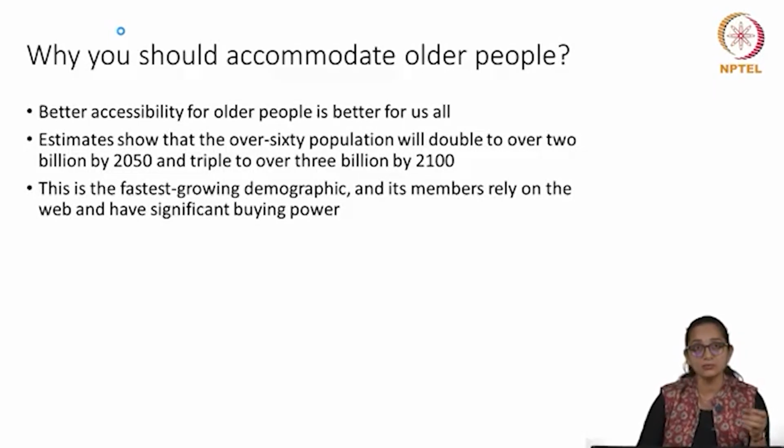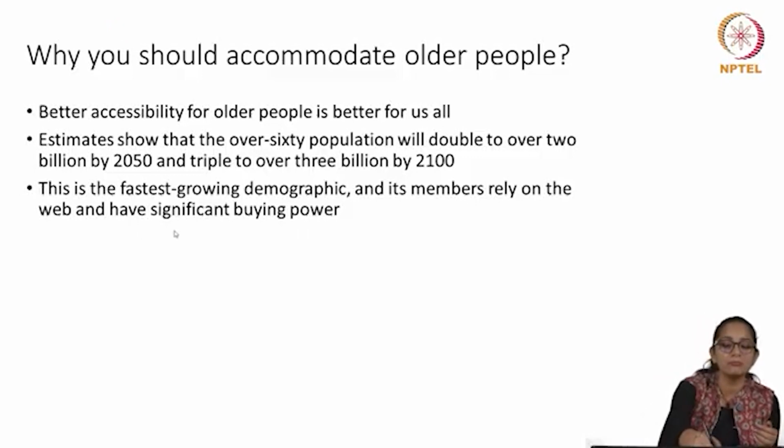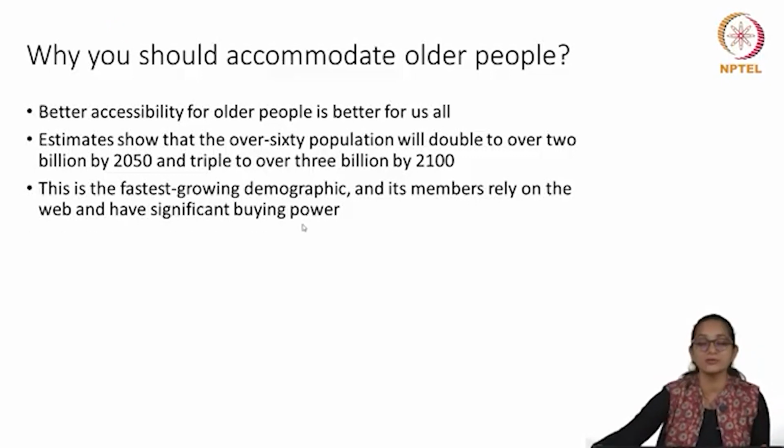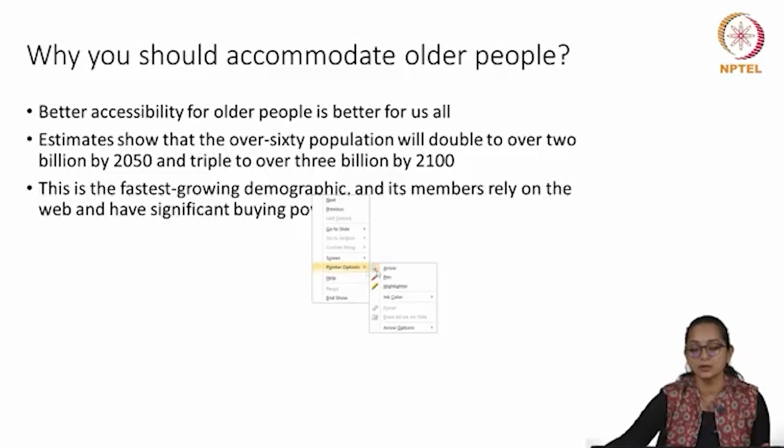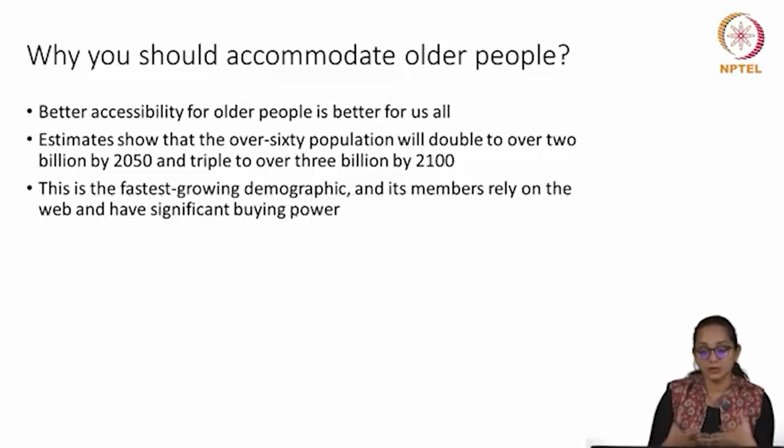Plus, they also have significant buying power, which is very crucial to think about for this demographic, because they have the money to buy assistive technologies if they have the awareness to do so, and that is a significant aspect when it comes to any product or technology development or any economic intervention.